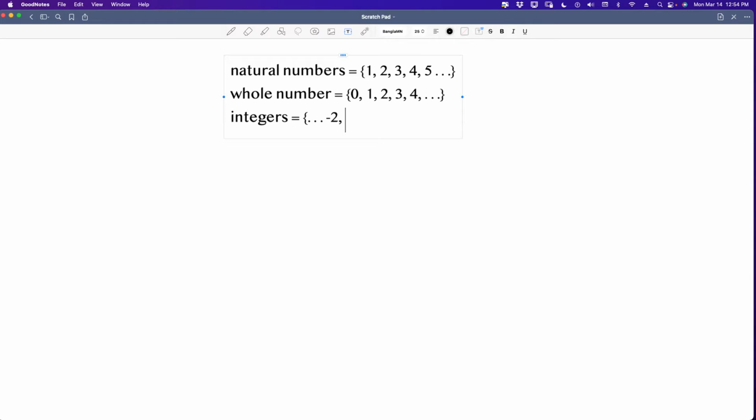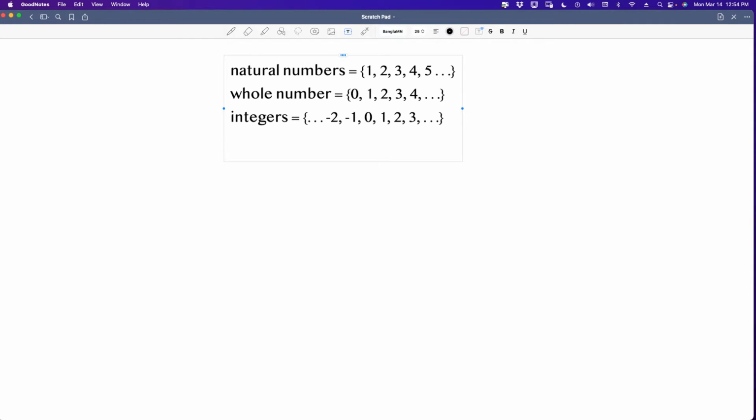Let's say -2, -1, 0, 1, 2, 3, and so on, and so on. So you see these numbers kind of start in the middle at 0, and they go on and on in each direction. They go to the positive side, and they go to the negative side. This is your number line. The integers are the tick marks on your number line.